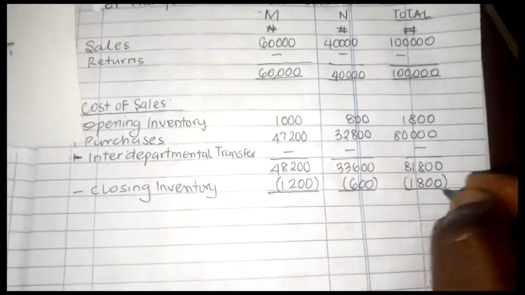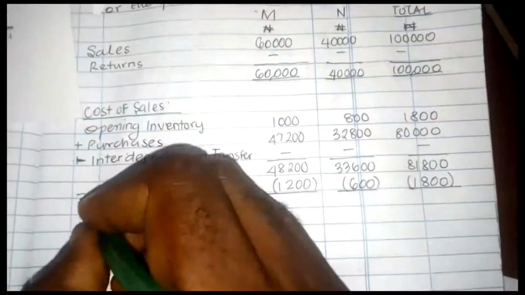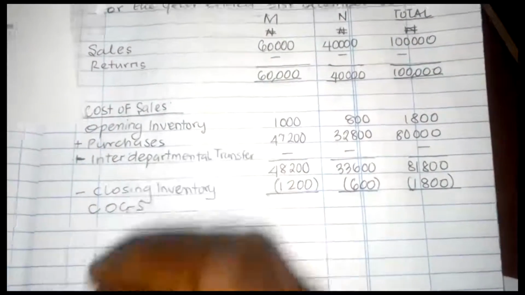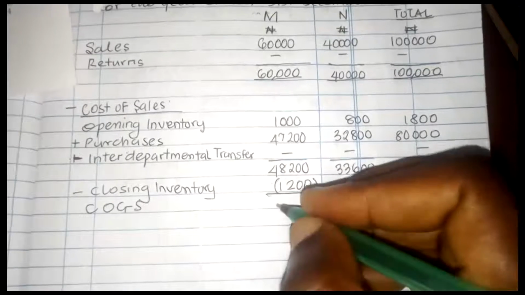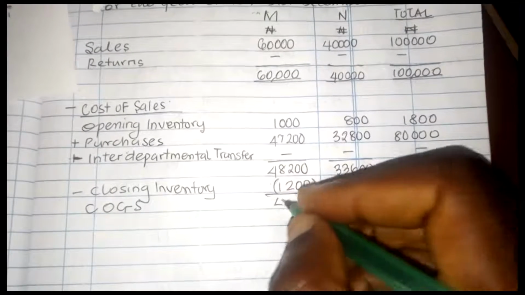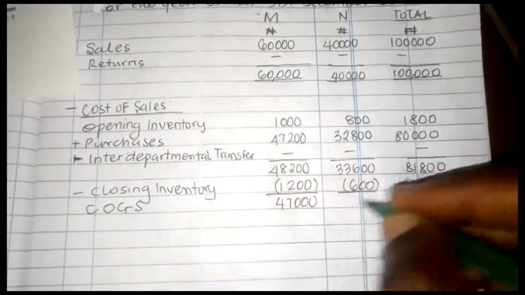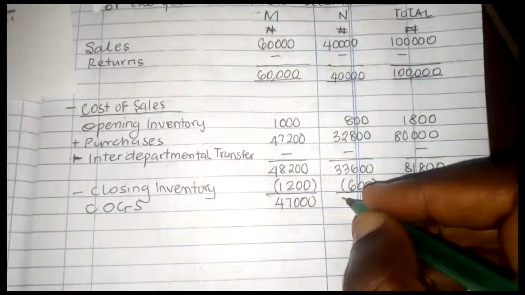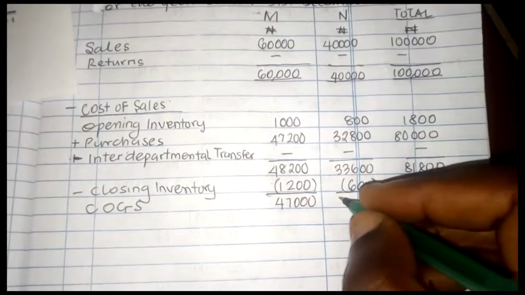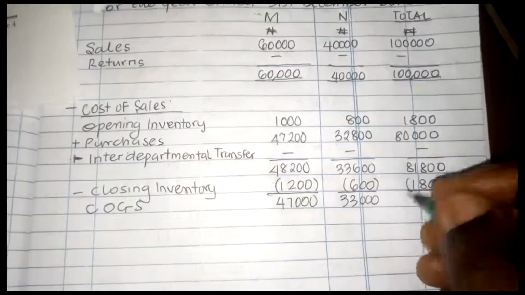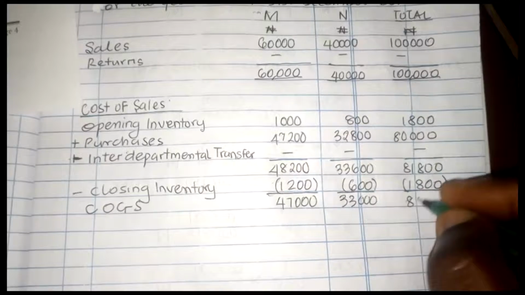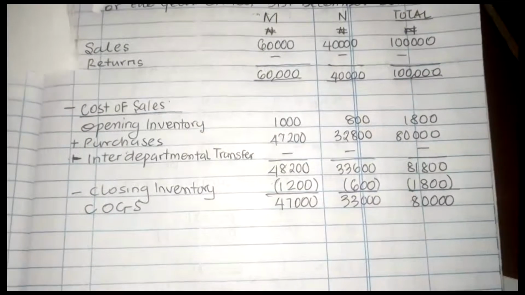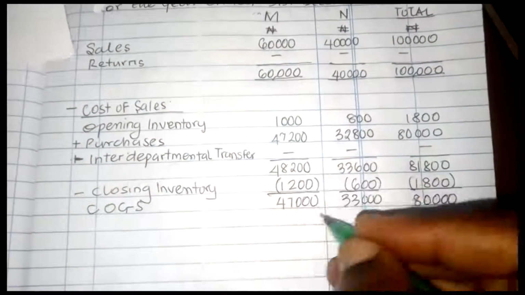When you subtract it, to give you cost of goods sold, you can just abbreviate it like this: cost of goods sold. Then this will give you 47,000. Department N will give you 33,000, and the total gives you 80,000. Then you close this up.